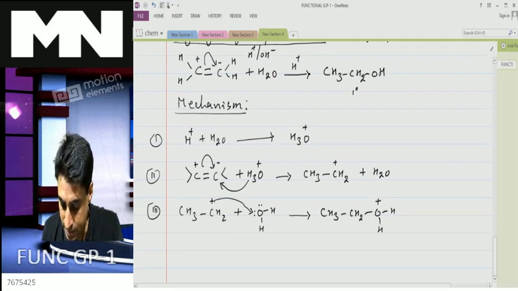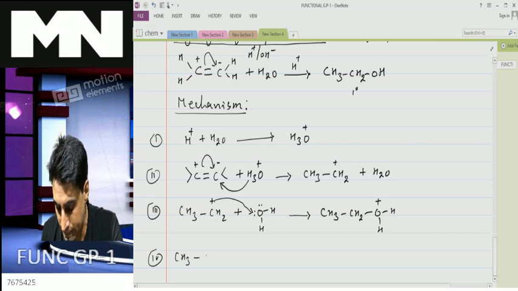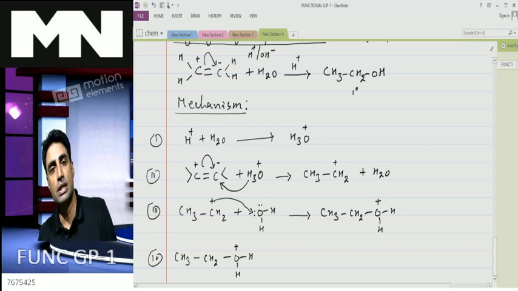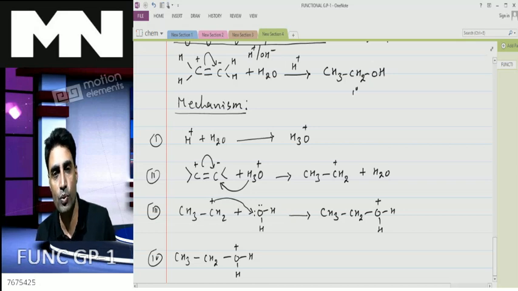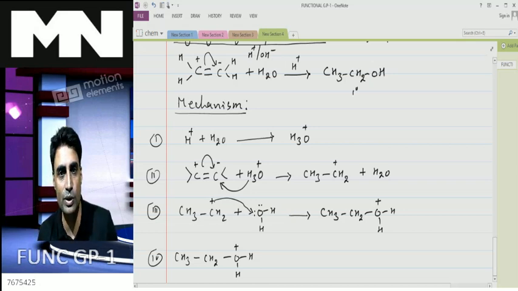And in the last step, that's the fourth step, CH3CH2OH2 positive. See, oxygen itself is the second most electronegative element. When it acquires a positive charge, its electronegativity further increases. So it becomes capable of withdrawing electrons from hydrogen and releasing hydrogen as H positive ion.